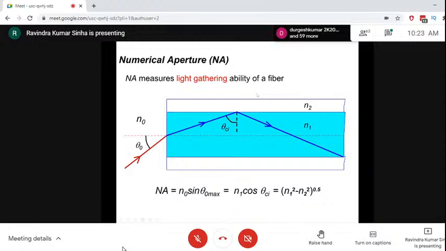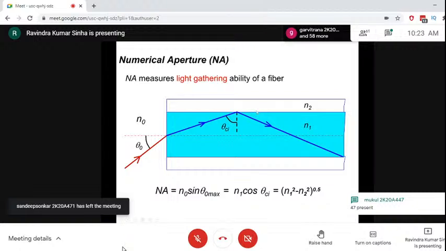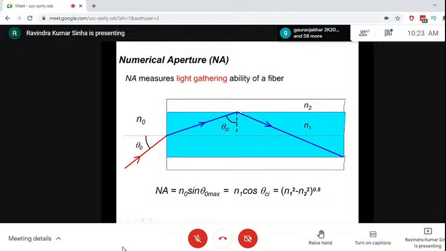See here, in the diagram it is not given. So sine theta c is equal to n2 by n1, and therefore cos theta c will be the square root of 1 minus sine square theta c.